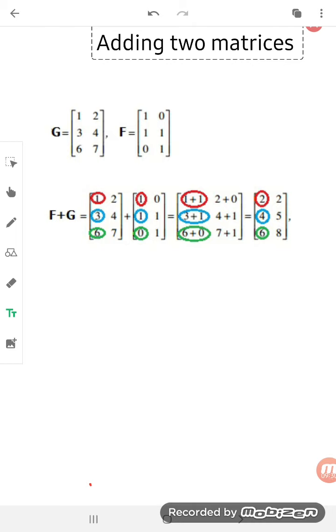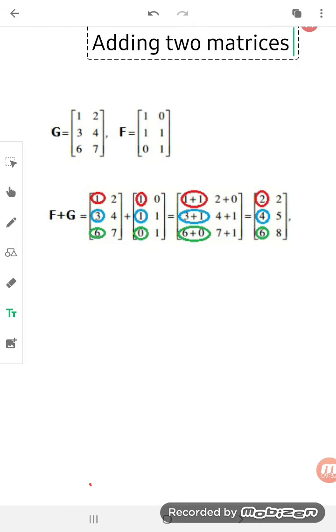So we write F plus G and add the corresponding elements. 1 plus 1 equals 2. 3 plus 1 equals 4. 6 plus 0 equals 6. 2 plus 0 equals 2. 4 plus 1 equals 5. 7 plus 1 equals 8, and so on.